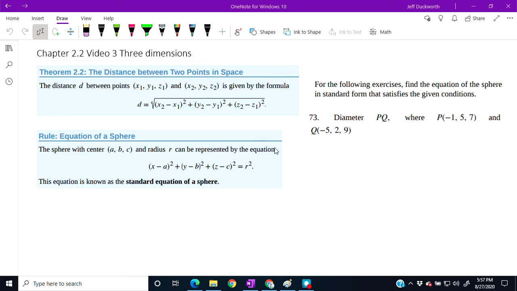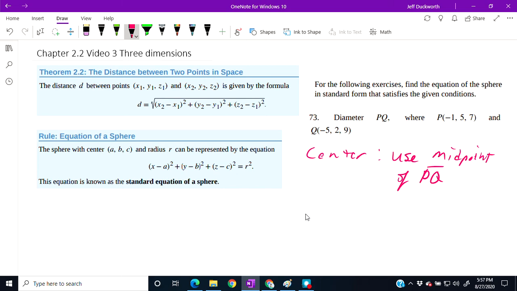So the midpoint, or center, is the midpoint of PQ.